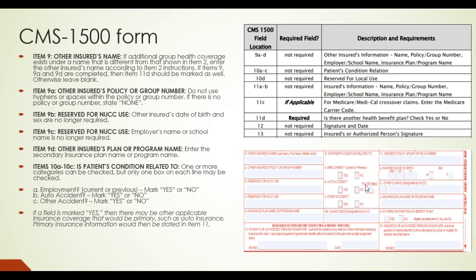Now, in box number 11, this is the insured's policy group or FECA number, and that is required.